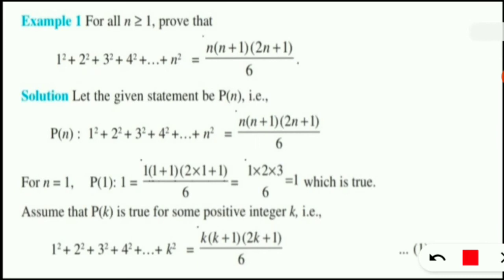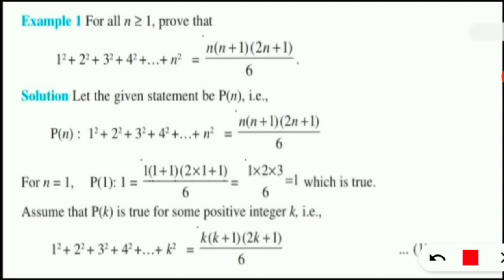Now students, see this problem. Example 1. For all n greater than or equal to 1, prove that 1 square plus 2 square plus 3 square plus 4 square plus dot dot dot plus n square equal to n into n plus 1 into 2n plus 1 whole divided by 6. Listen, previous one was sum of n natural numbers and this one is sum of squares of n natural numbers.